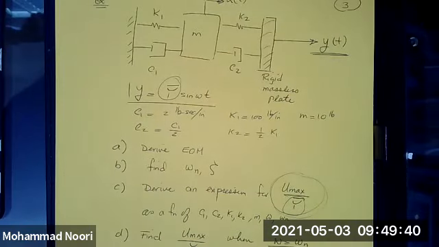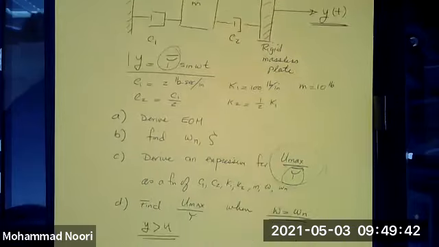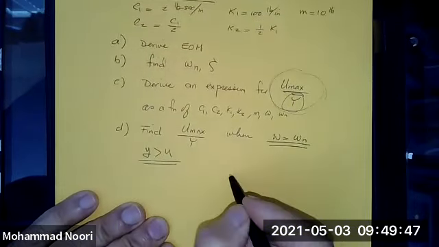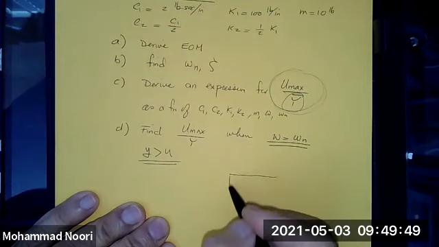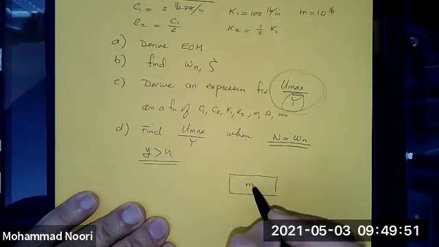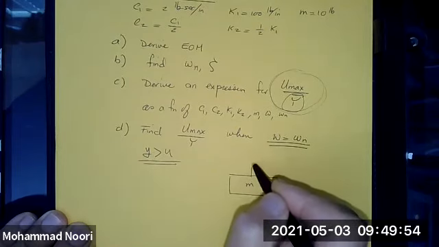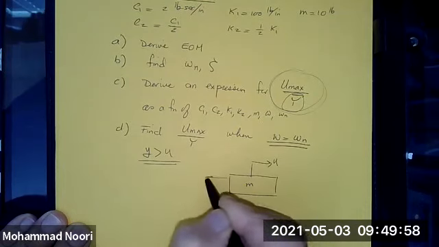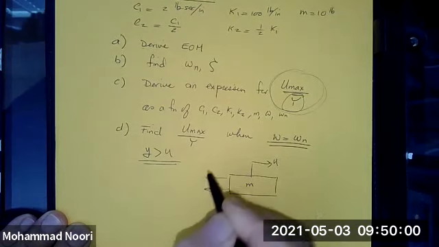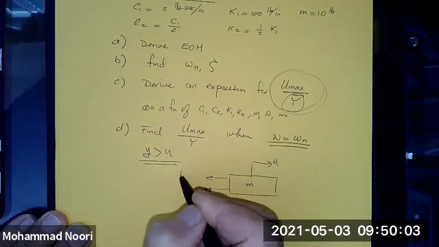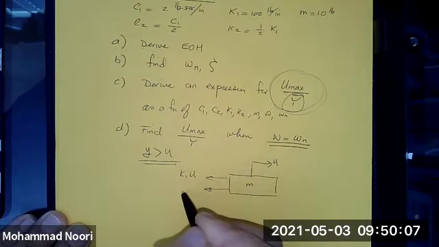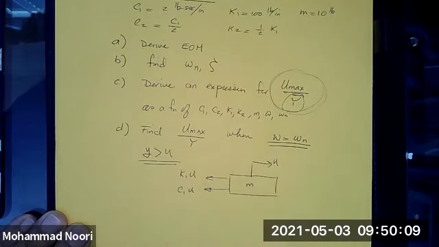Any other questions? All right, so let's start first by deriving the equation of motion. Again, we can do that by simply setting up the free body diagram. This mass is moving in this direction, so this spring and this damper will be subjected to a force generated by the relative displacement. These are the forces on the left side.